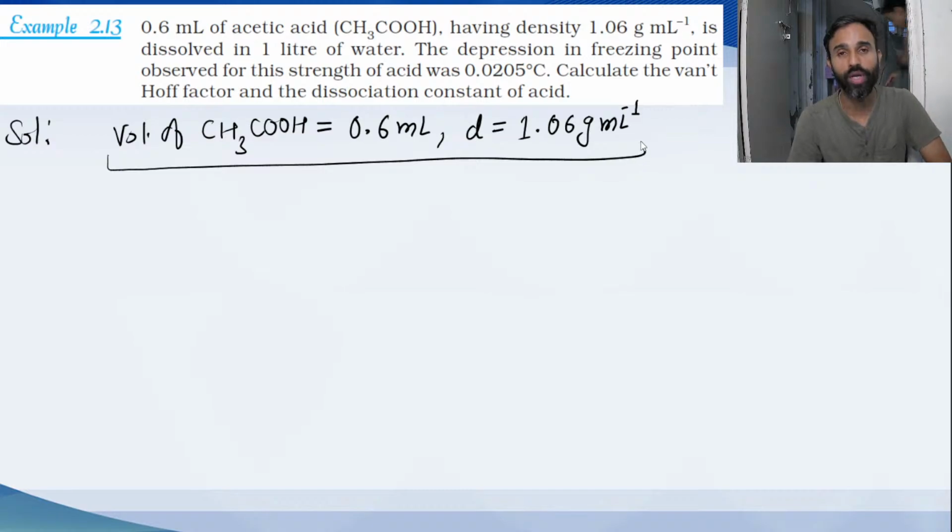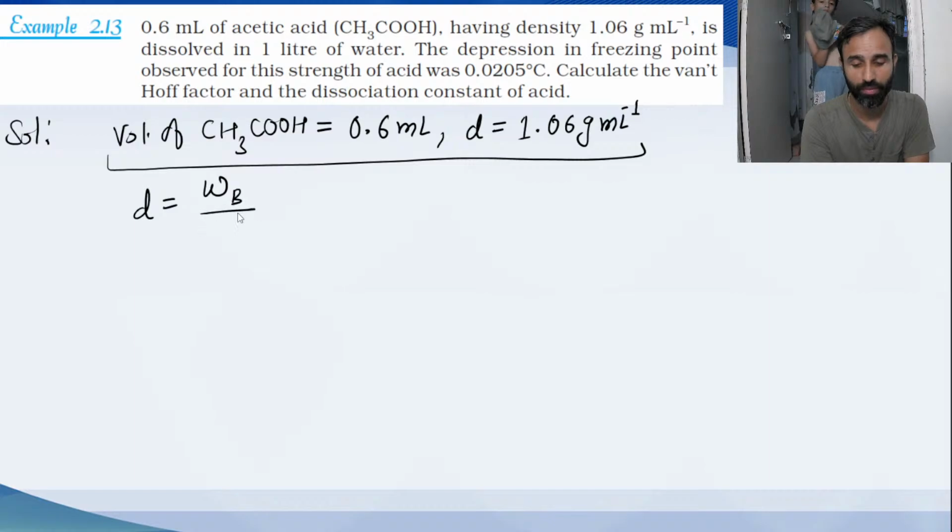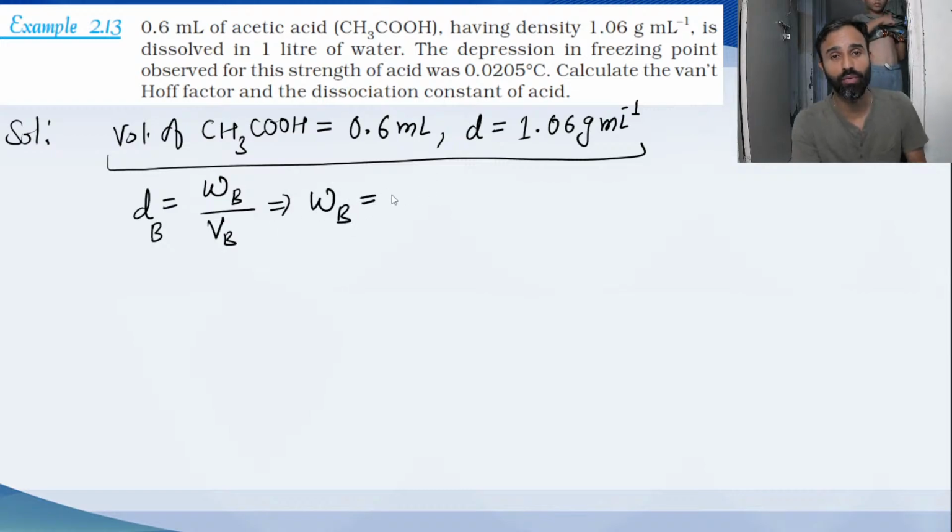So now volume and density of acetic acid is given. From volume and density, you know, density equals weight by volume, right? Density of acetic acid equals weight of acetic acid divided by volume of the acetic acid. So weight of acetic acid in the 1 liter of water is equal to density of acetic acid into volume of acetic acid.